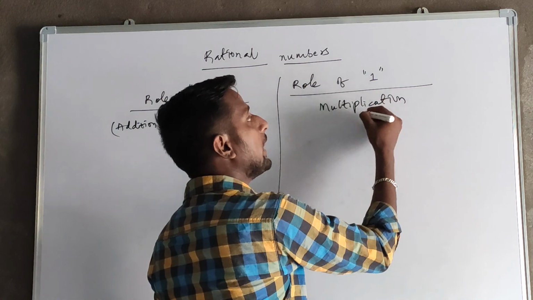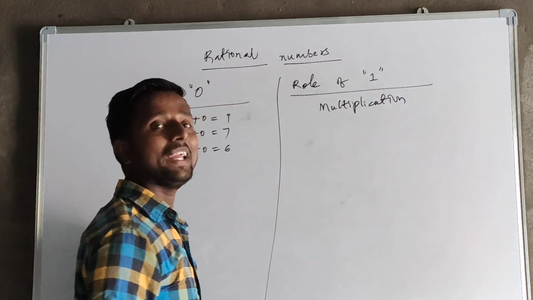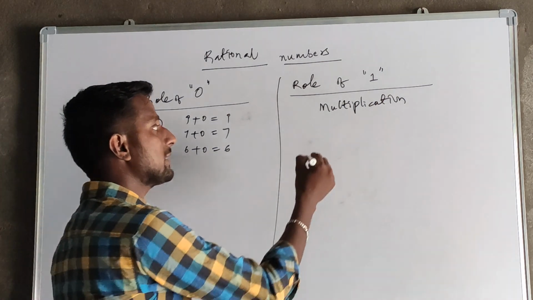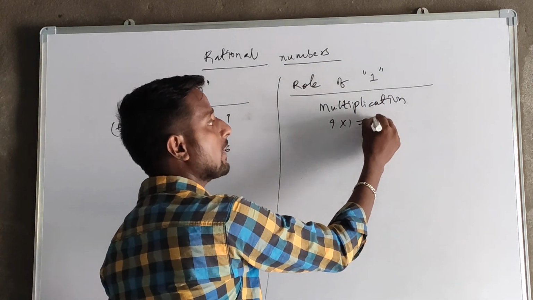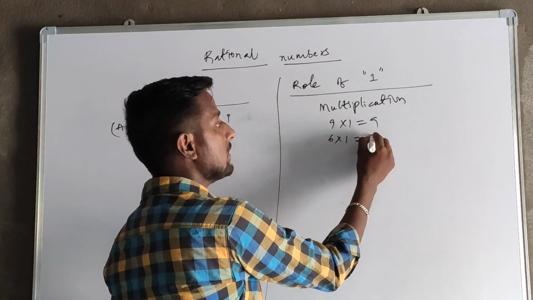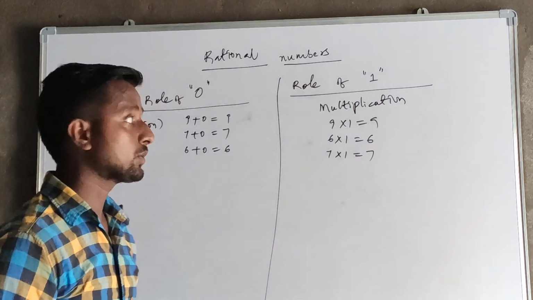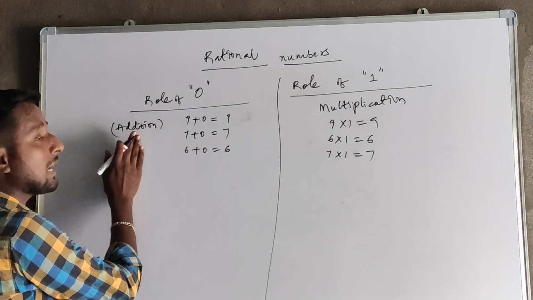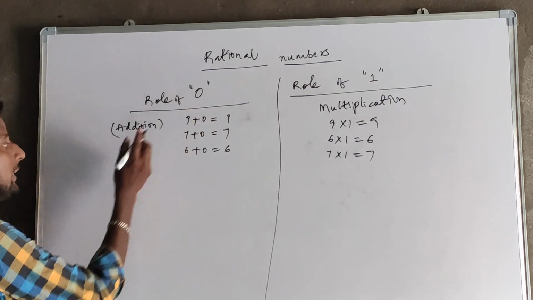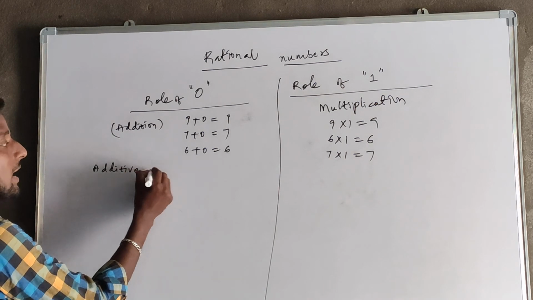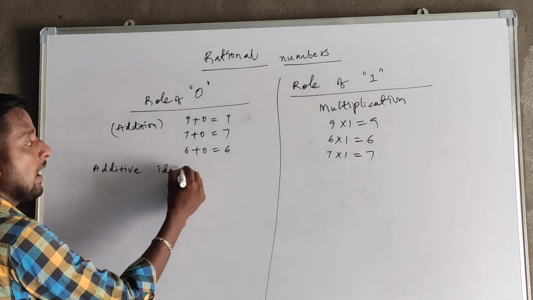The product of any rational number with 1 is itself. So 9 ones are 9, 6 ones are 6, 7 ones are 7. Correct? So here the identity happened with addition.